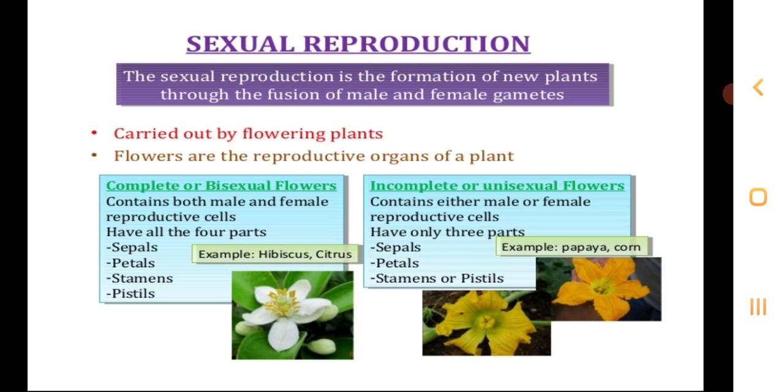All these parts were discussed with you in class 6 also, so you should know what sepals, petals, stamens and pistils are. In incomplete flowers, they contain either the male or the female part of reproductive cells. They have only three parts: sepals, petals, and stamens or pistils. In bisexual flowers, there are both stamens and pistils. The examples of bisexual flowers are hibiscus and citrus, and unisexual flowers are papaya and corn.